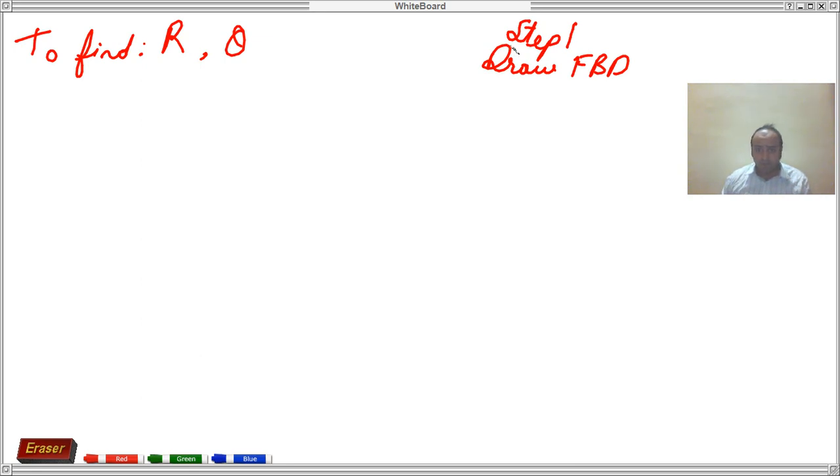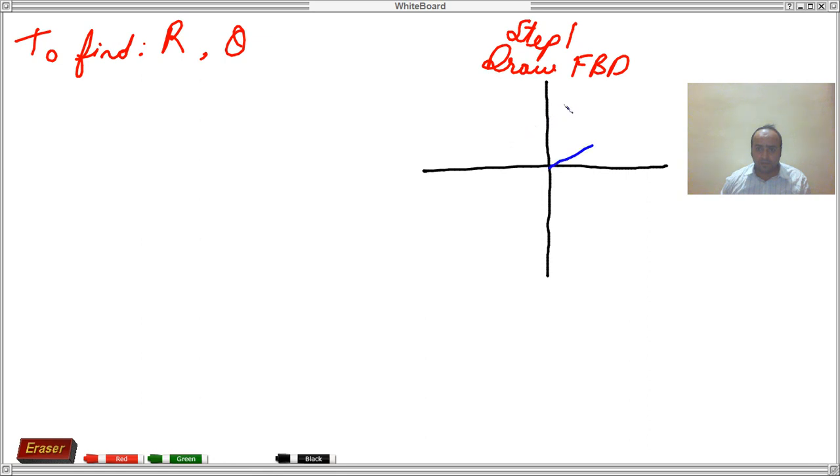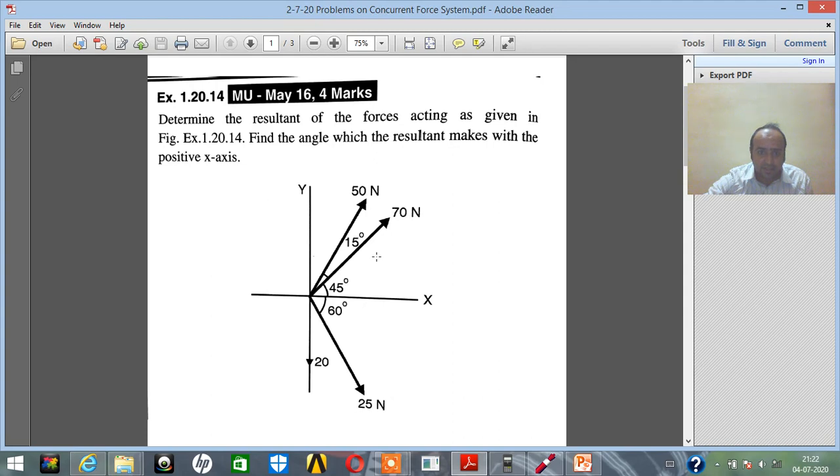Let us draw. This is the y-axis. This is the x-axis. Now we'll be considering the forces: the first force, the second force, the third force and the fourth force. Let us write down the forces one by one. This is 70, this is 50, this is 25, this is 20.